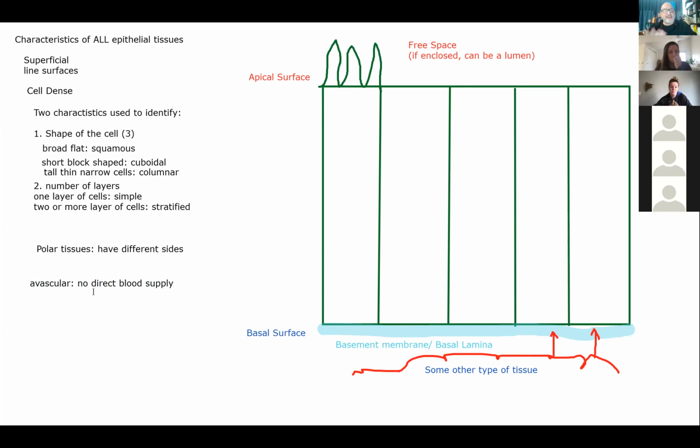In fact, and again, this is something else that you haven't thought about in these terms, but you absolutely know, epithelial tissues are highly mitotic. What does that mean again? They divide and replicate very fast. There you go. They divide rapidly. Right?